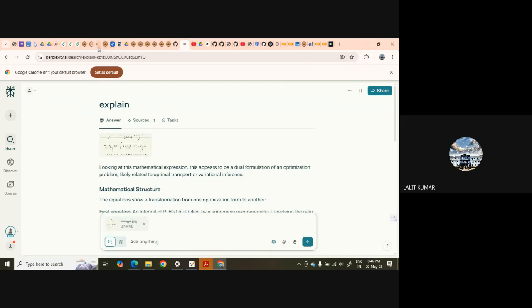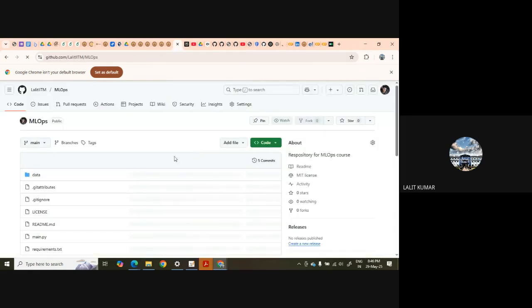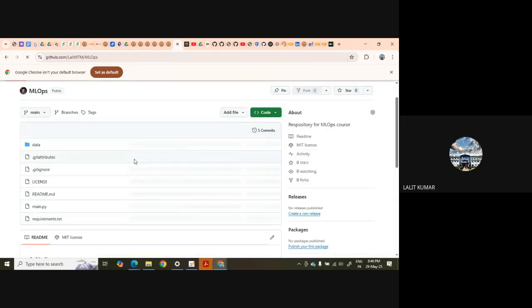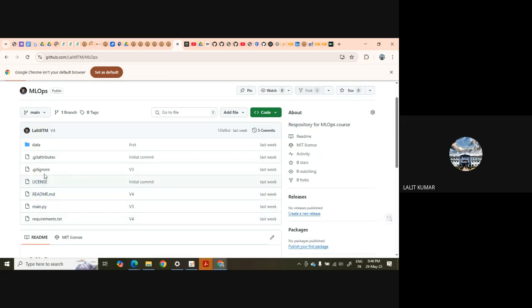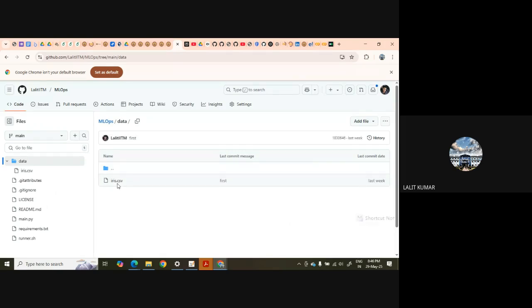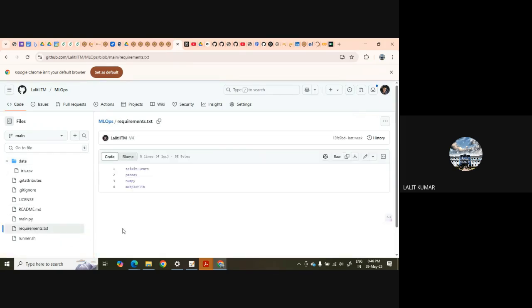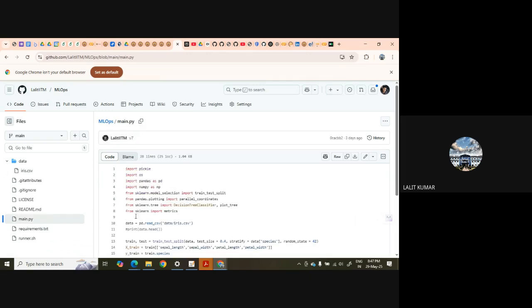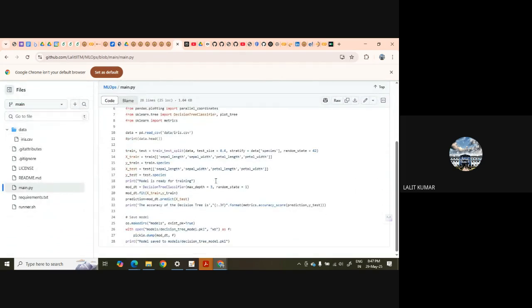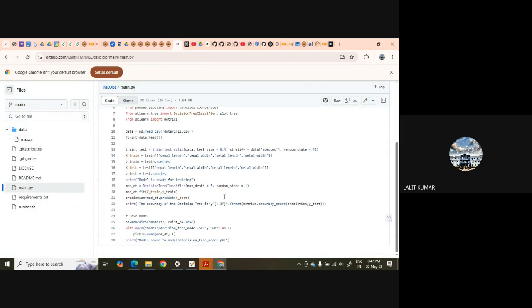So here is my repository. This is my Git. So what I've done, see, I have got this data. Here I have got my iris.csv. Then I got my requirements.txt, with all the basics: sklearn, pandas, numpy, matplotlib. Then I have got my main.py, and here is my code. It's the same code which is there to train your model.